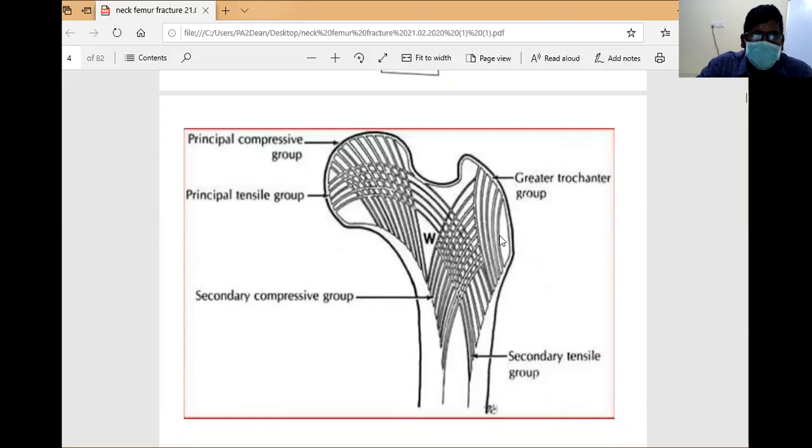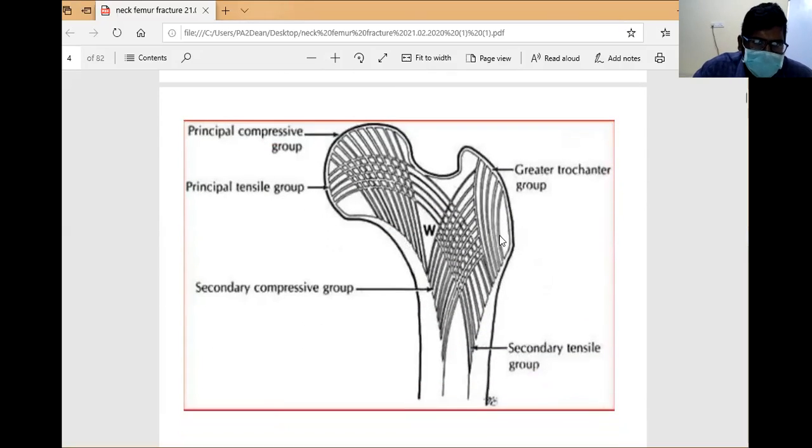And the bony trabecular pattern of the proximal femur is important because it indicates the level of the osteoporosis, the level of the density within the bone, and also it is arranged in a pattern so that transmission of the weight is distributed.